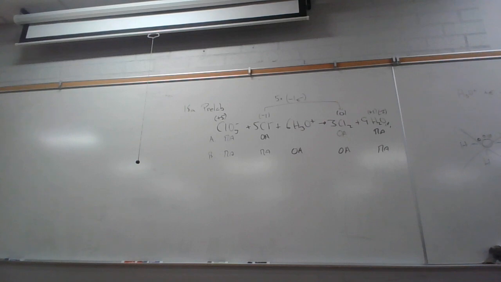And so if we look at chlorate, its Lewis structure would look something like this, where each of these oxygens has a negative formal charge. 1, 2, 3, 4, 5, 6, 7.